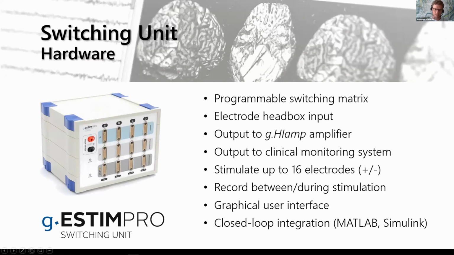One goes to the g.Hiamp, so here on top, and one is for a third-party clinical monitoring system. And the switching unit allows us to configure stimulation channels up to 16 electrodes for plus and minus at the very same time. And we can record between or during stimulation. We have a graphical user interface and closed loop integration for MATLAB and Simulink.